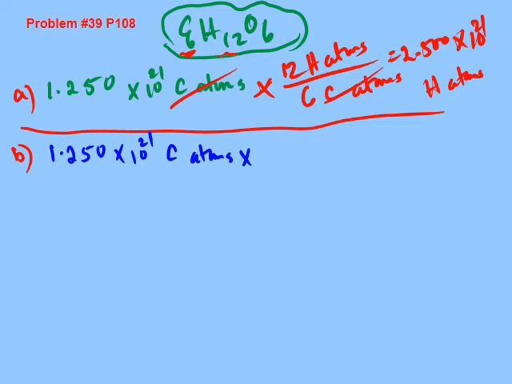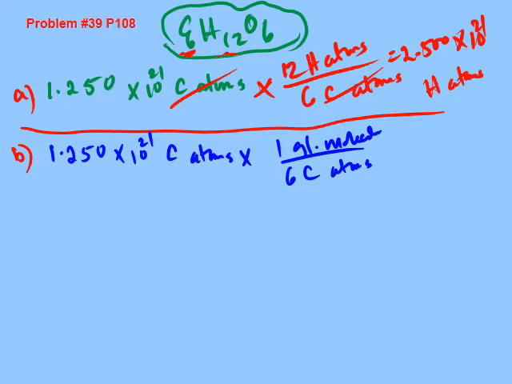Now 6 carbon atoms are contained in one glucose molecule. So 6 carbon atoms are contained in one glucose molecule.